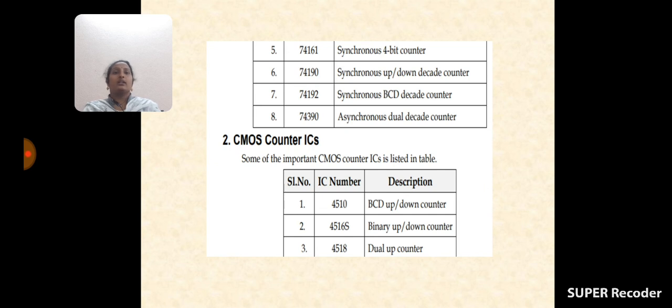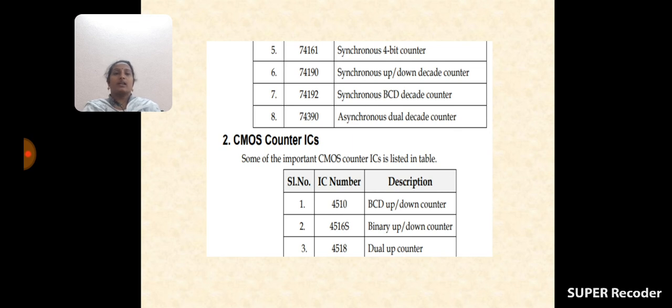Coming to the decade counters, there are different types: synchronous decade counter, asynchronous decade counter, synchronous BCD decade counter, synchronous up down decade counter, and asynchronous dual decade counter. Here it is the 74390 series. It will produce an asynchronous dual decade counter.